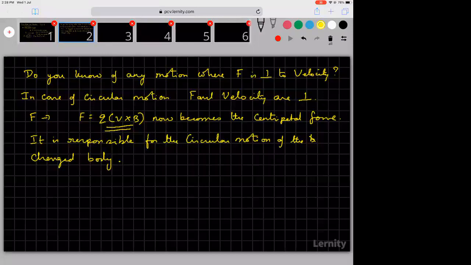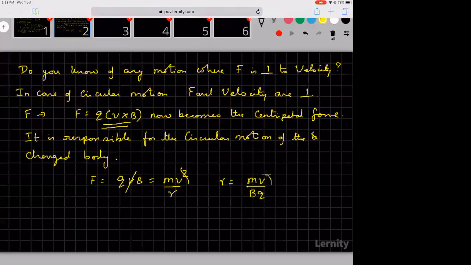So now suppose the angle is perpendicular, then I can say F is equal to QVB. QVB is equal to mv squared by r, centripetal force. The v gets cancelled, and I can say that R is equal to mv by BQ.